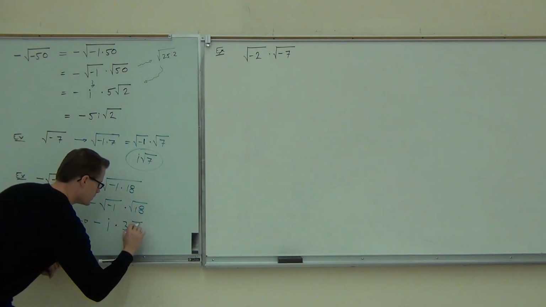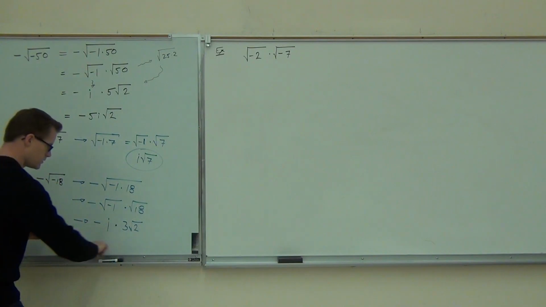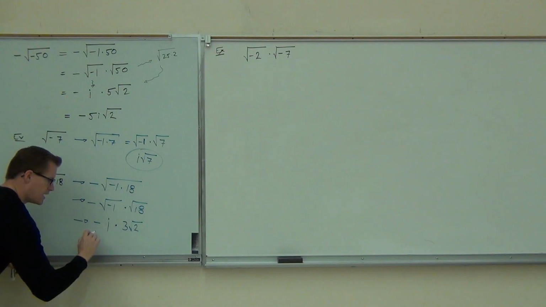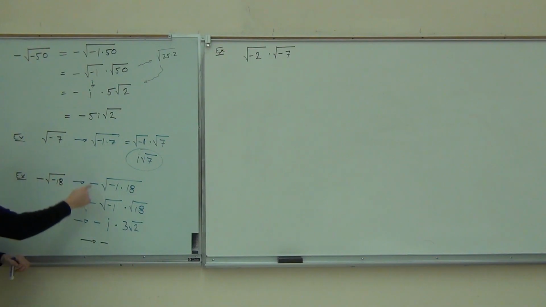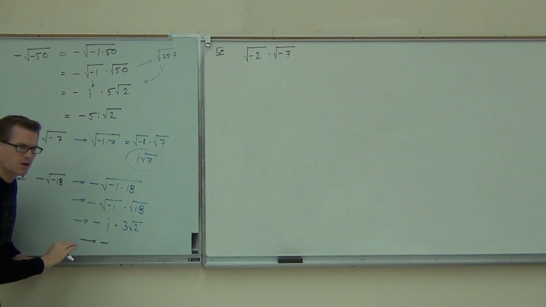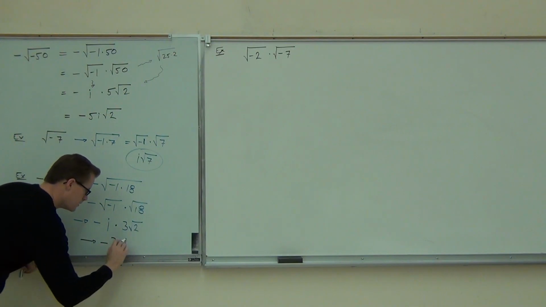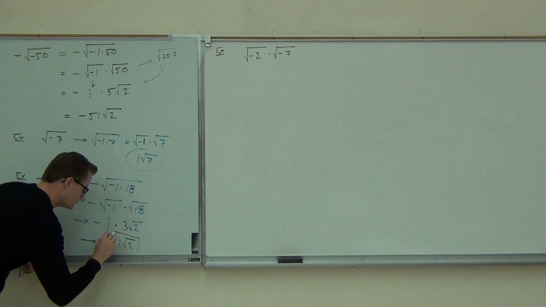Yeah, that's right, 3 root 2. So after everything, on your paper you should have a negative. Sure, negative was all the way down. Look at that. Negative didn't even affect our problem. 3, then an I, then a root 2.